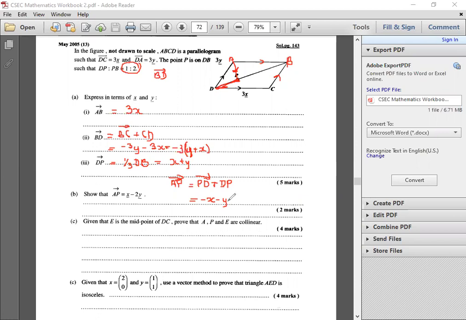And then AD, this should be AD. AD now would be what? AD is negative 3. Why? Something wrong here.